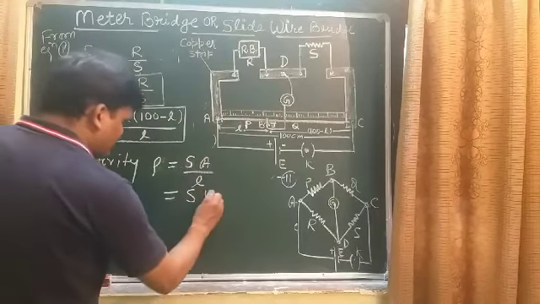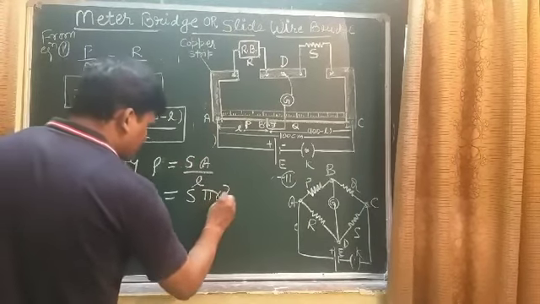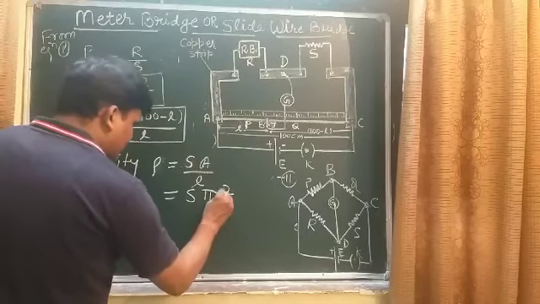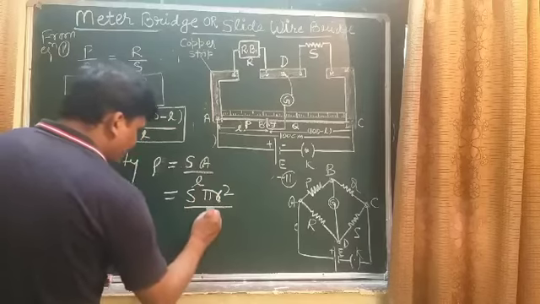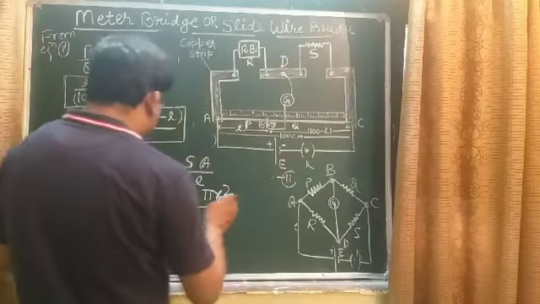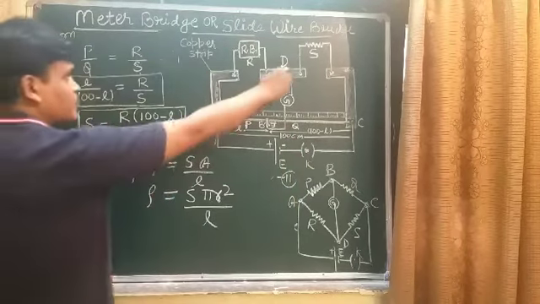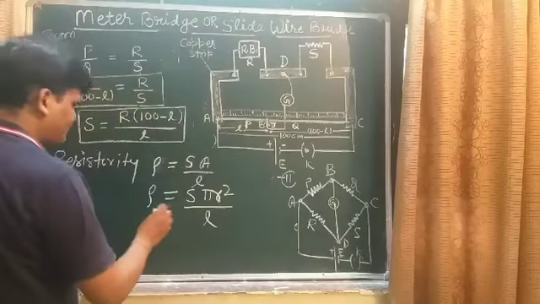A is the area of cross section of the wire, which is circular, so A is pi R square, and L is the total length of the wire used for the unknown resistance.